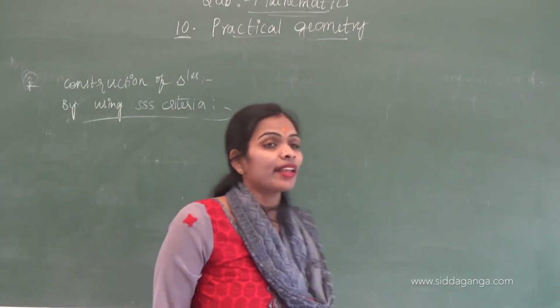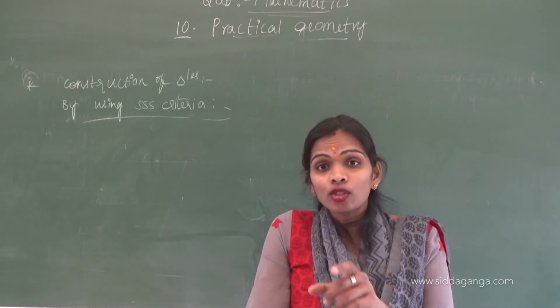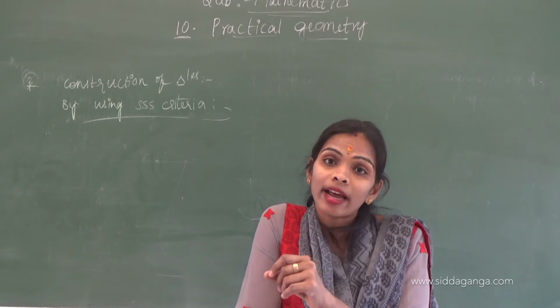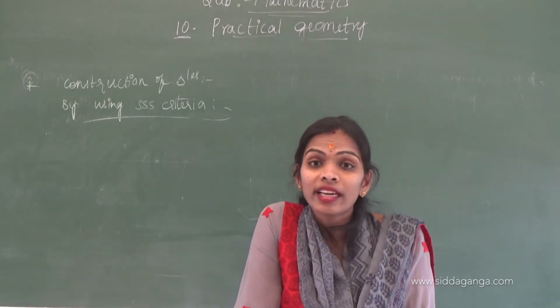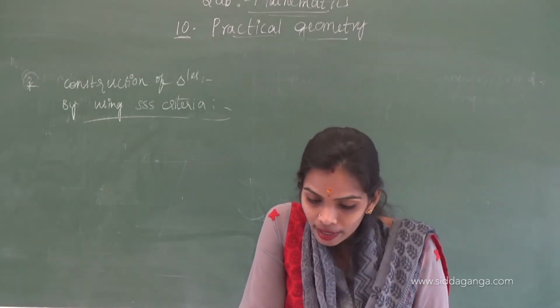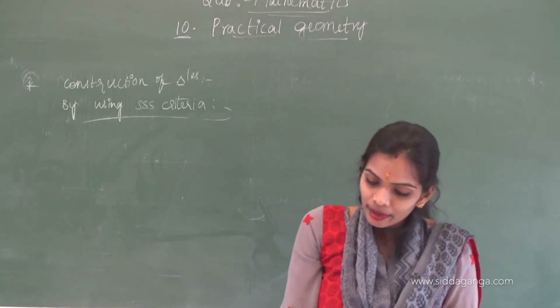What does the SSS criteria tell? If the 3 sides of one triangle are equal to the 3 sides of another triangle, then we can tell that the 2 triangles are congruent.